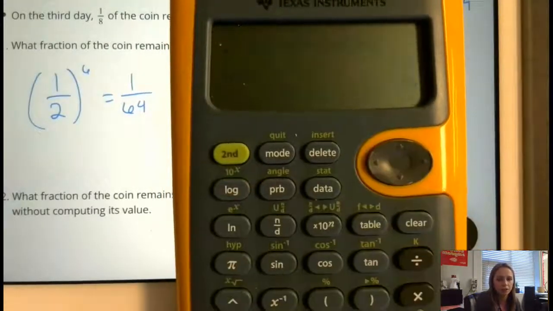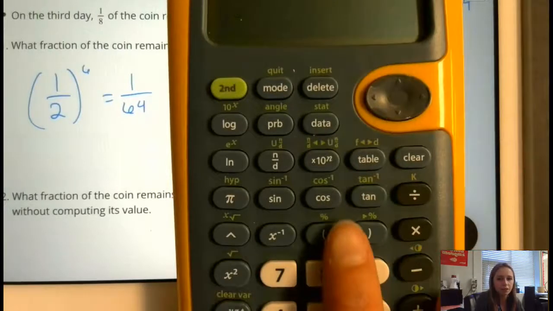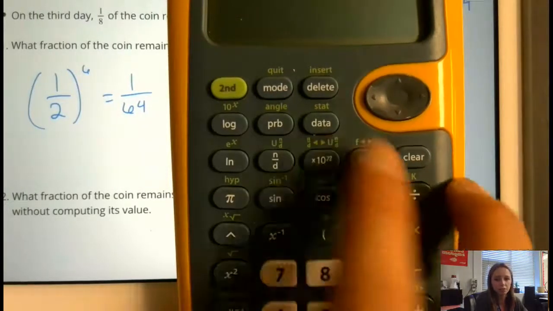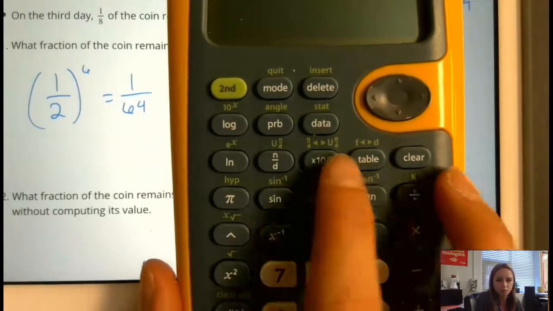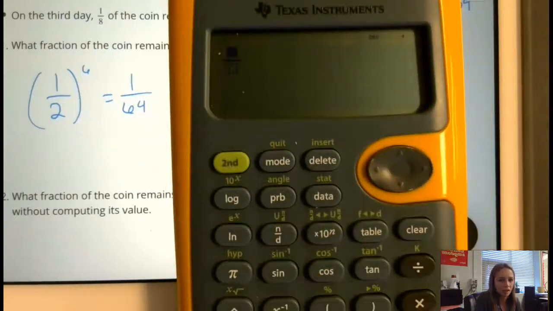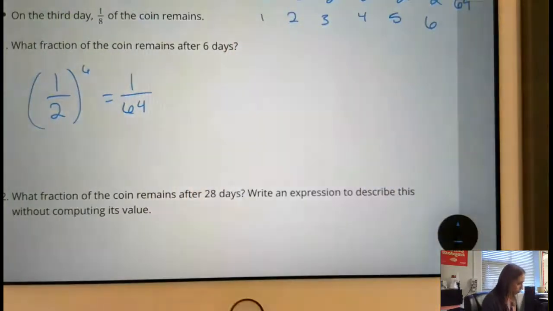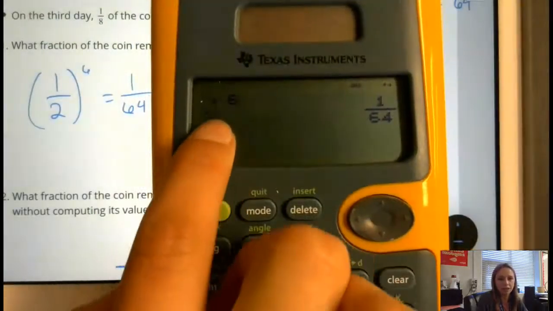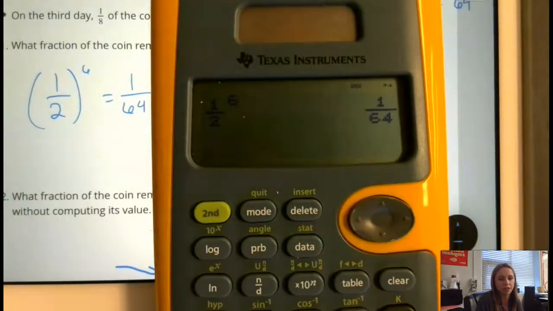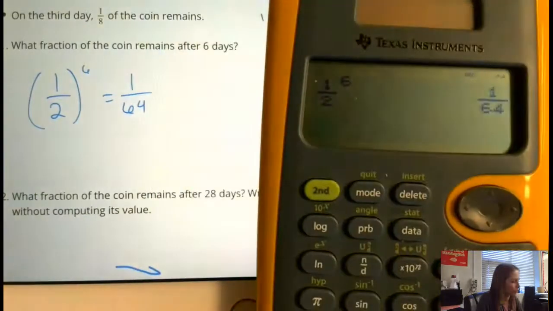So let's go ahead and type that into our calculator. So if I hit the fraction button, which is right here, if I type that in, 1/2 to the 6th power looks just like that. We end up with 1/64, which is true.